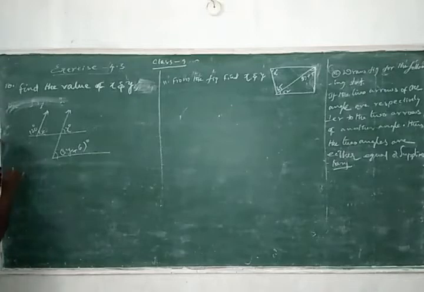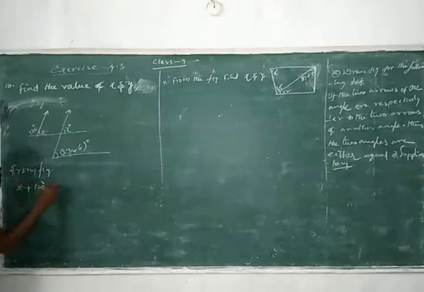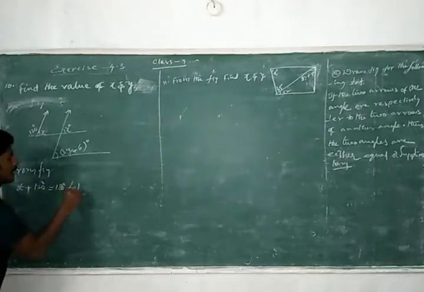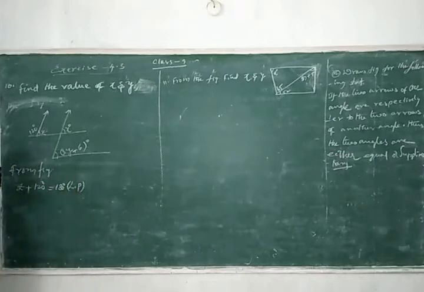So I'm trying to see from figure, z plus 120 is equal to 180 degrees. Hence these are linear pair as well as adjacent angles. Linear pair must be sum of two angles is equal to 180 degrees.